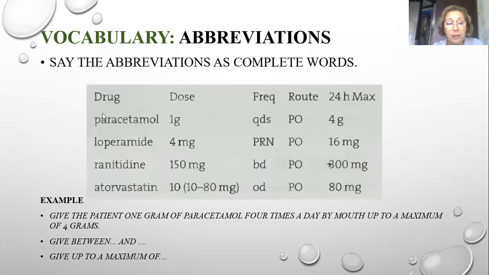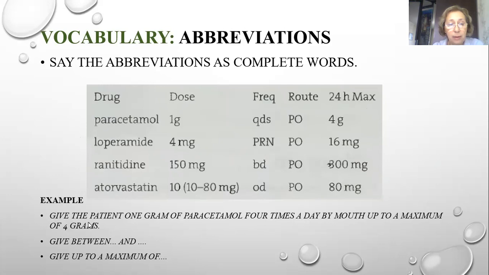We have several columns: the names of drugs, then dose, frequency, then route of administration, and maximum dose per day. The first line is about paracetamol, and it's given in the example.